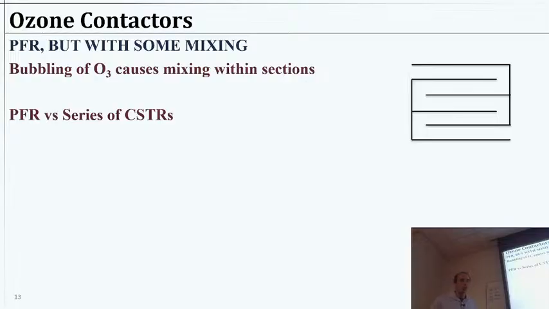So if we're bubbling ozone, we are inducing mixing. Whereas we might like to have a plug flow reactor, and we usually do that for a disinfection contactor, where water comes in and flows nice and smooth all the way throughout, it turns out bubbling causes some mixing.